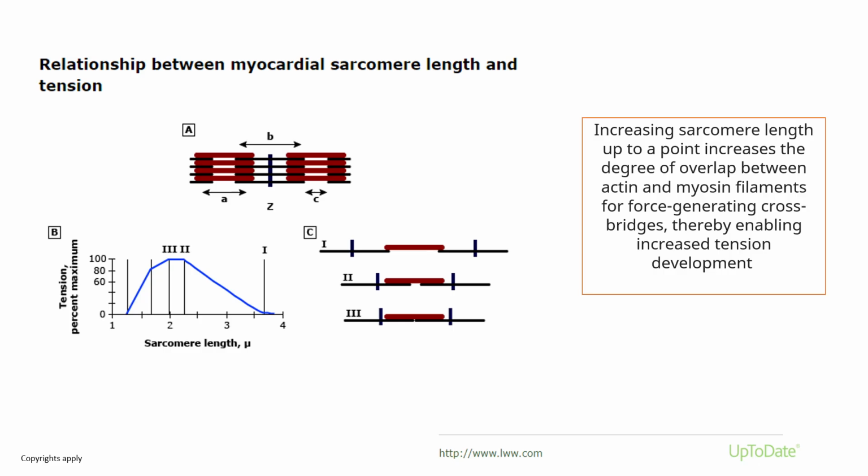This is a schematic representation of a sarcomere, where actin, shown in black, are attached at the Z-band. Myosin is shown as the thick maroon bands. The more preload, the more sarcomere stretch and tension that generates more contractile force.